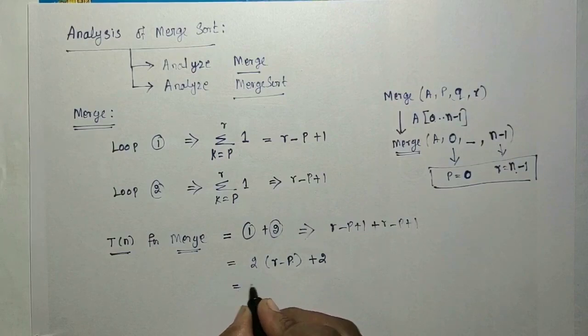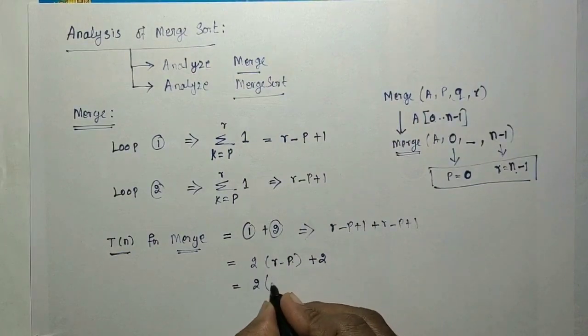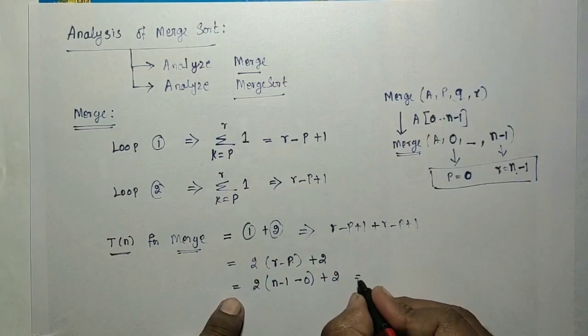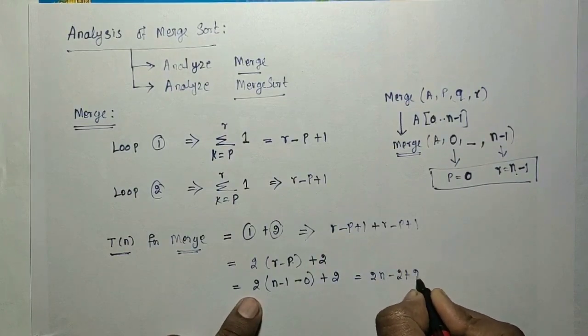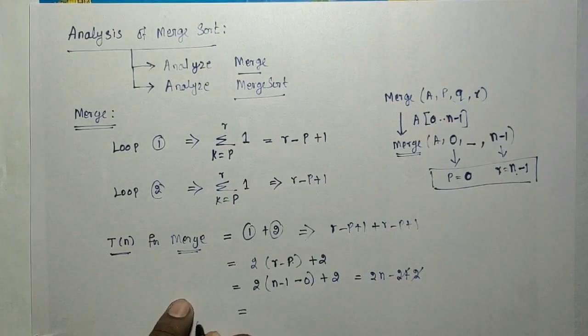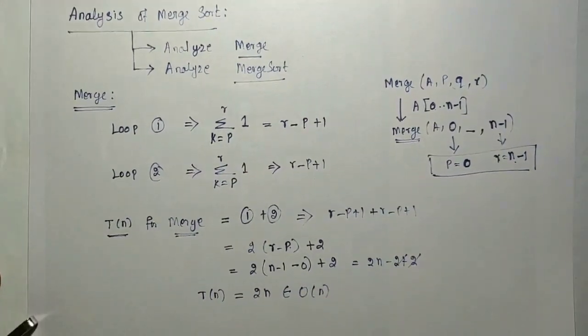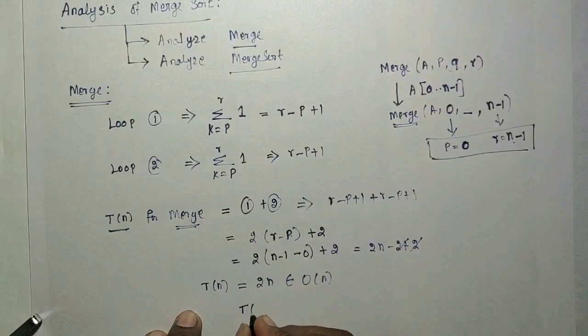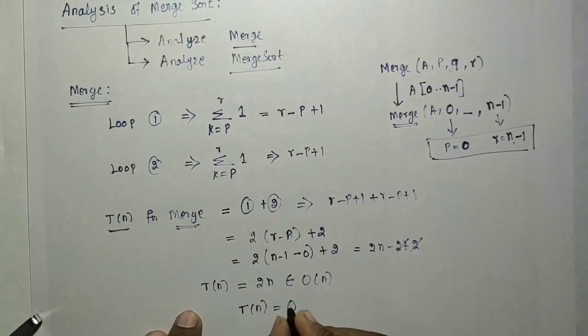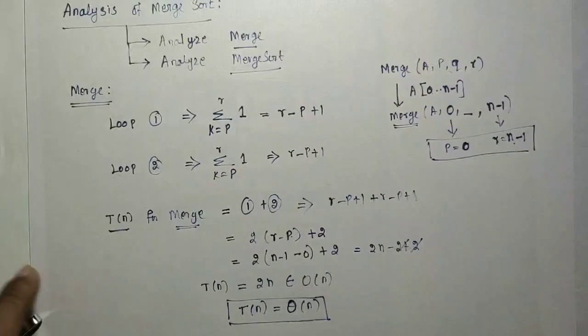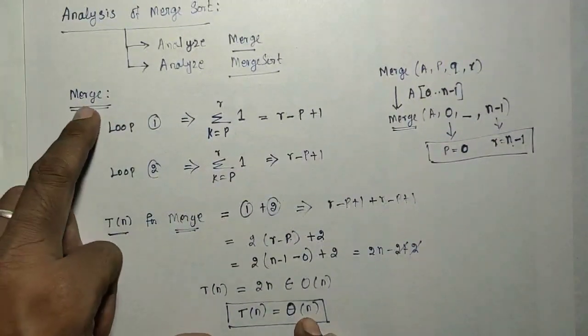So just apply it here: 2 into (n−1−0) plus 2, which is equal to 2n−2+2. That cancels, so T(n) equals 2n, which belongs to O(n). So the time complexity of the merge algorithm is T(n) = O(n), or Θ(n). Now we have the complexity of the merge algorithm.